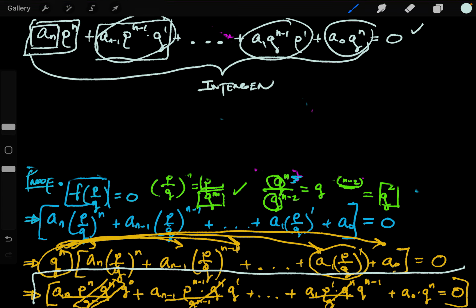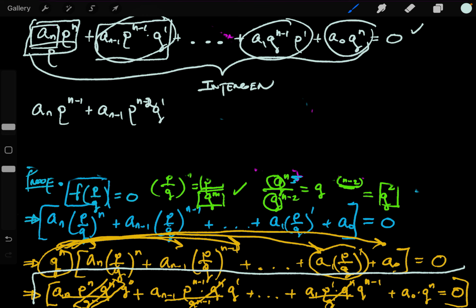Our result is as follows. If I divide everything by p, let's start off by dividing everything by p. So when I divide everything by p, I get p to the n minus 1 plus a sub n minus 1, p to the n minus 1 over q to the 1 minus 2 now, because I divided by p.